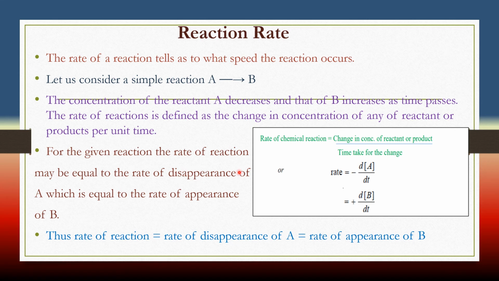For the given reaction, the rate of reaction is equal to the rate of disappearance of A, which is equal to the rate of appearance of B.